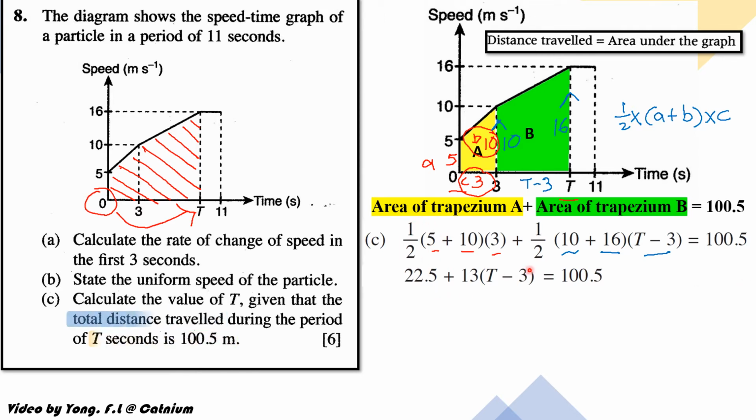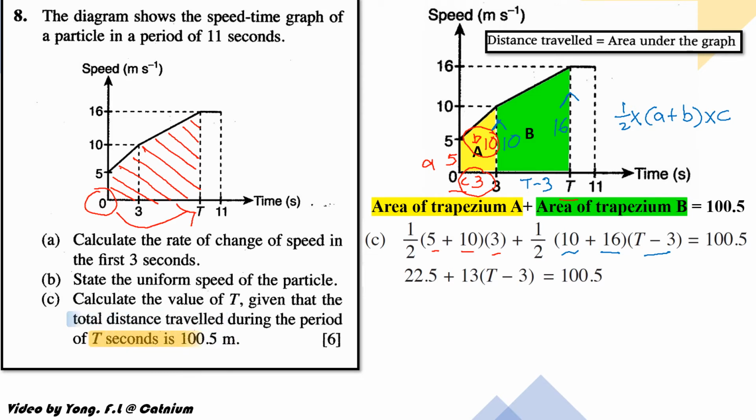So over this one, we simplify to become 32.5. From here to here, kita tekan calculator. So from here, we have to simplify it to become this one. How do we come up with 13? So 16 plus 10 is 26. 26 multiplied by 1 over 2 is 13. Maybe you forget about it, let me show you.